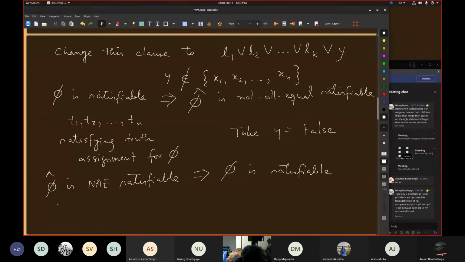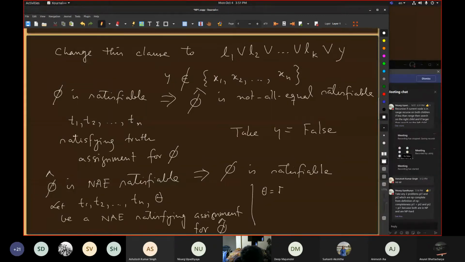So let T1, T2, Tn, and some value of y, let us call it theta, be a NAE satisfying assignment for phi hat. Okay, now I consider two cases.